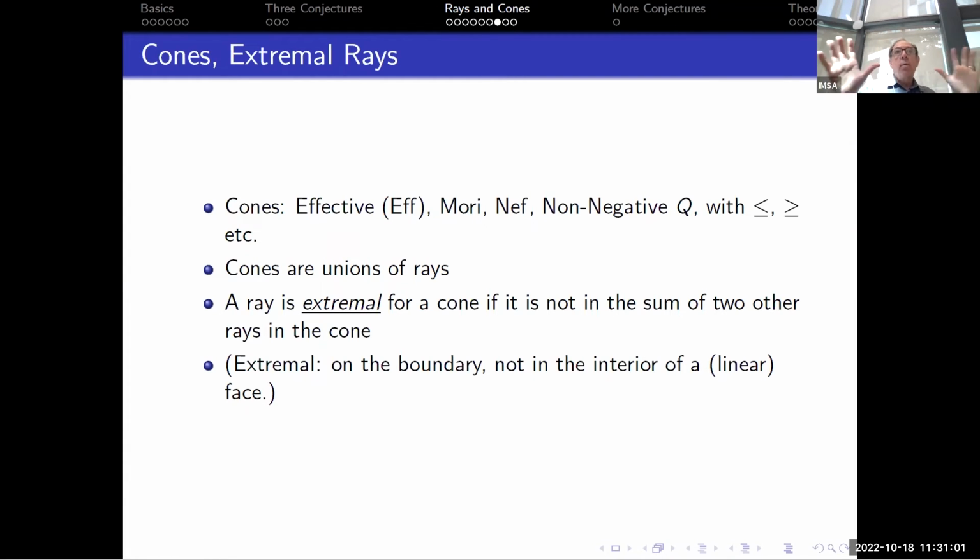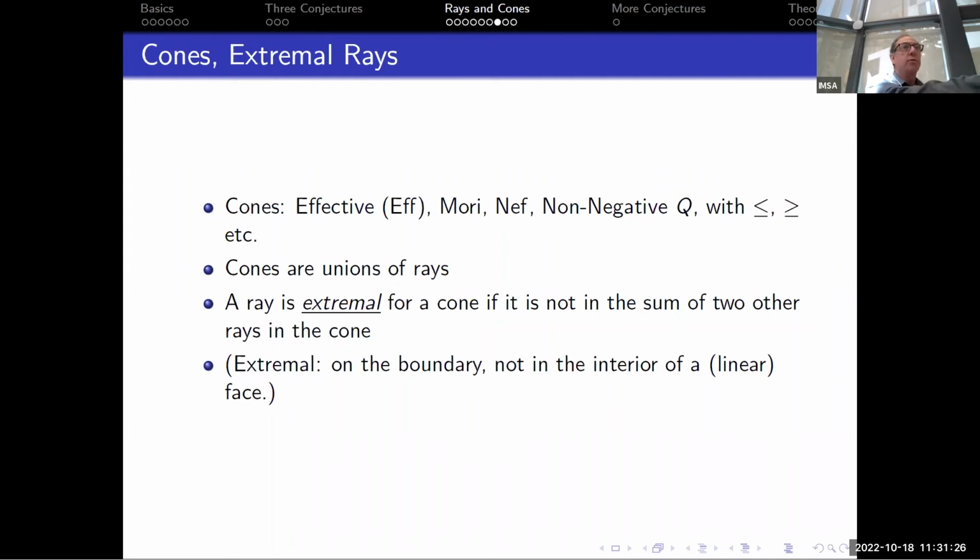And all these cones are unions of rays. Well, one way of understanding cones is to understand the extremal rays. An extremal ray for a cone is not just a ray that's on the boundary, but a ray that's not in the sum of two other rays. So it's like a corner of some sort. Now you can be on the boundary but not be extremal.